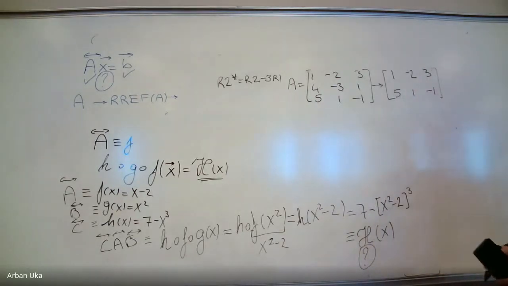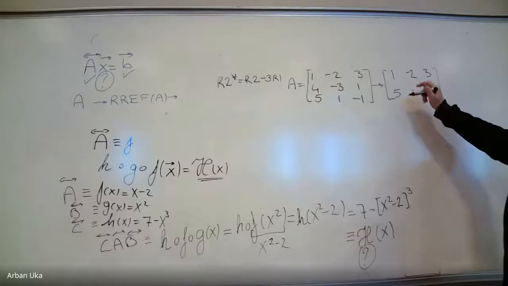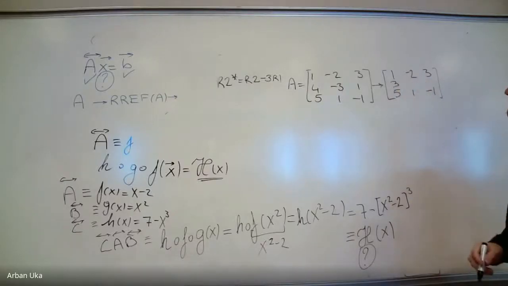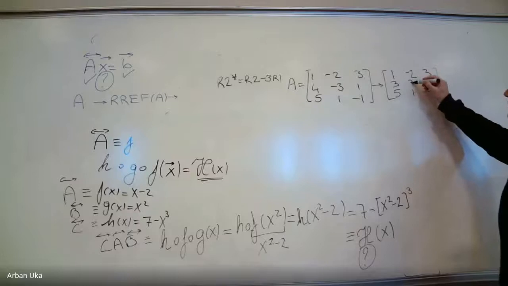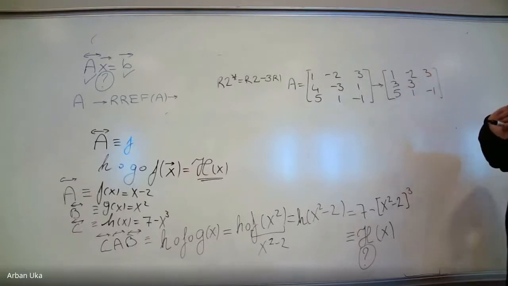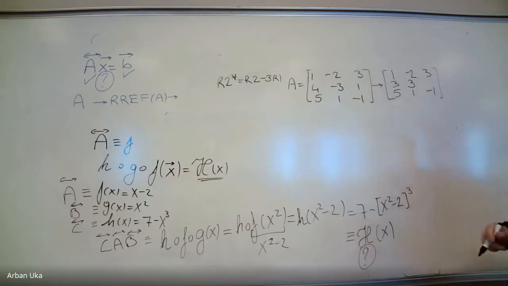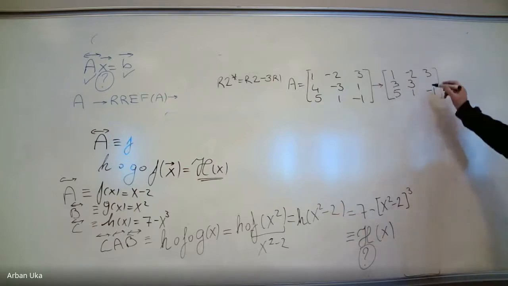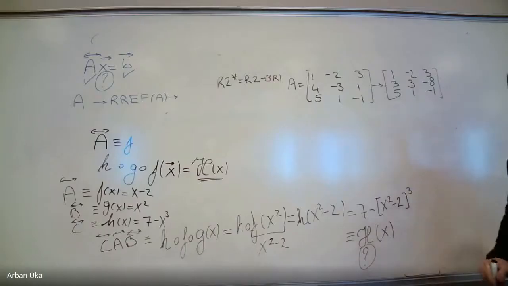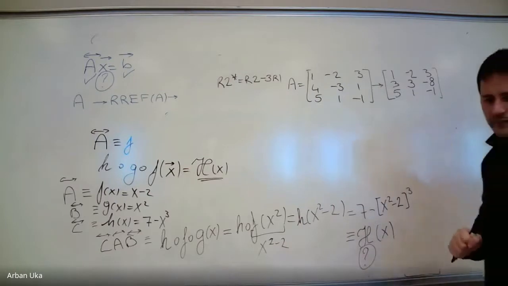Who can help me here? We get 3? We get 1? 1 or 3? Is it 3 or 1? Is this correct?